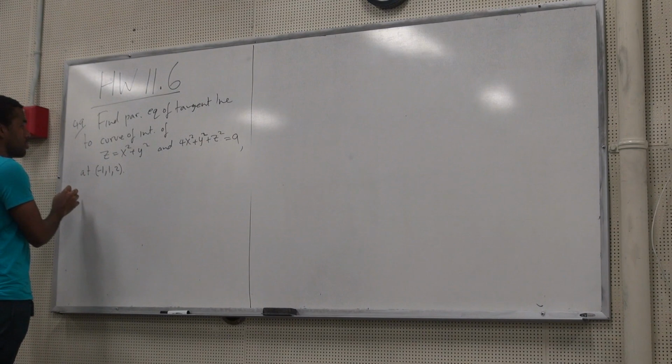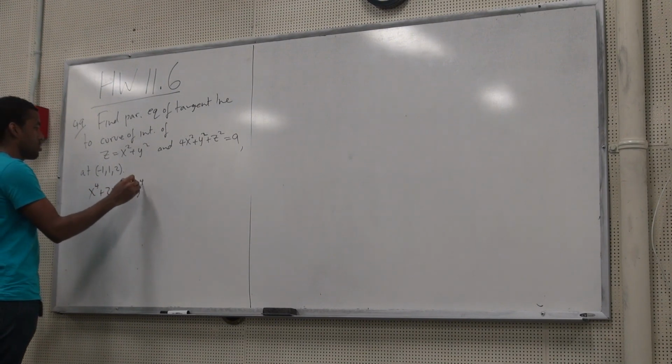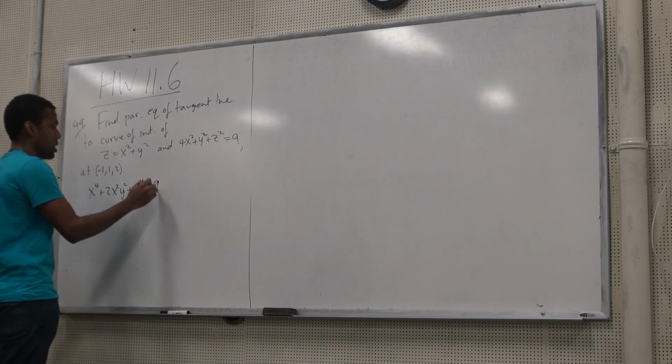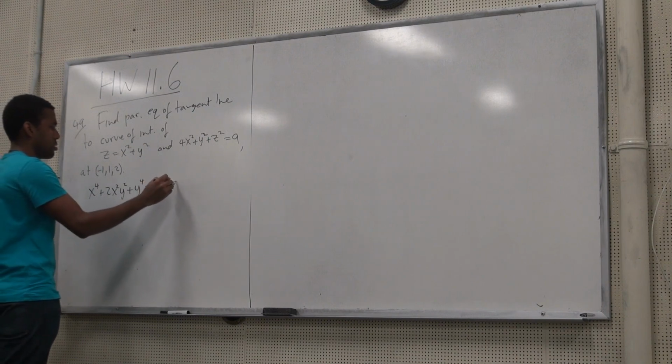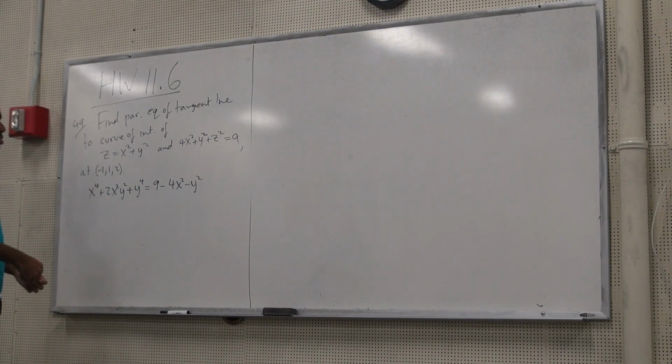We got x to the fourth plus 2x squared y squared plus y to the fourth equals 9 minus 4x squared minus y squared. That's as far as you got. I mean, I tried a bunch of different things, but okay.